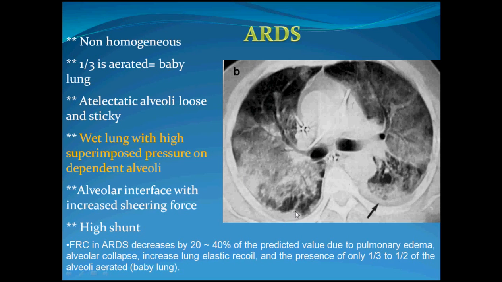So that's why we need a higher volume to produce a pressure 1 to 2 centimeters water more than this high superimposed weight. That's why in ARDS we usually use a higher PEEP, because the superimposed weight is high in this case.